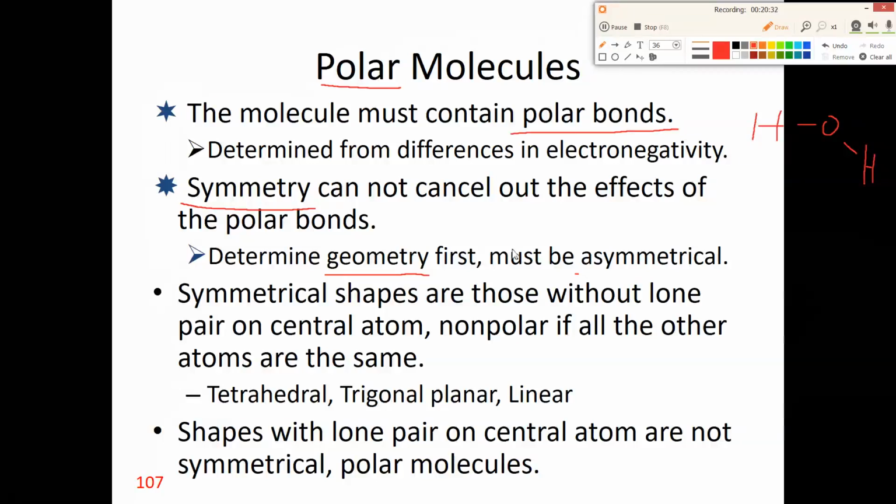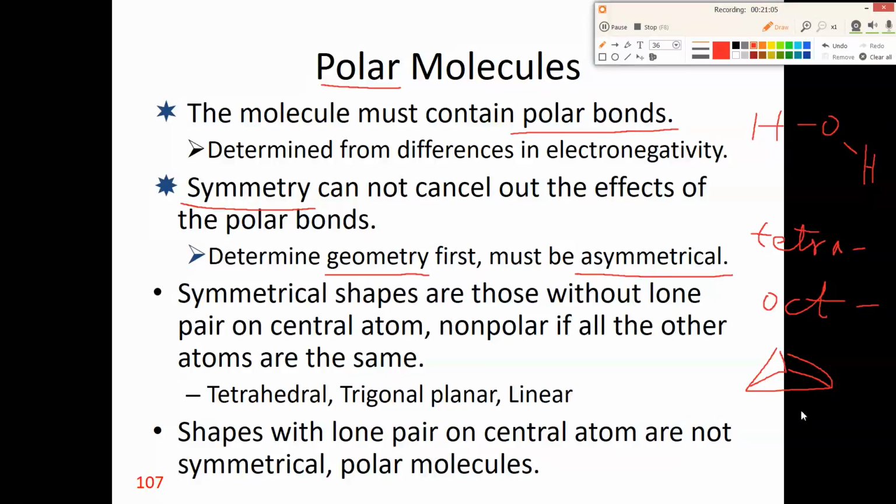The geometry must be asymmetrical. So what's symmetrical? Tetrahedral is symmetrical. Octahedral is symmetrical. Or trigonal planar, this is symmetrical.